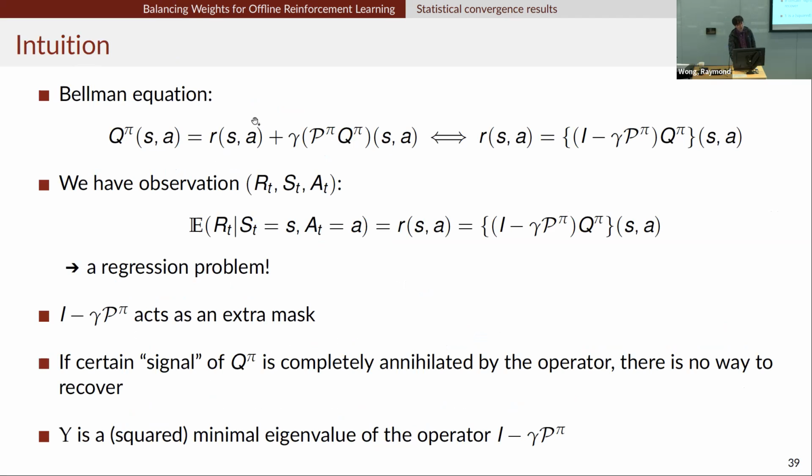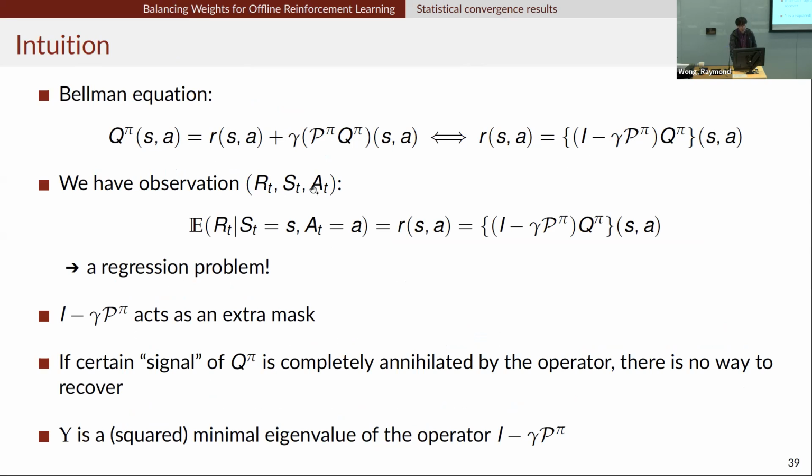If you recall, I mentioned that we use the Bellman equation for estimation of Q. With our operator notation, you can rewrite the Bellman equation in this form. And now you see that this operator comes up again, I minus gamma P pi.